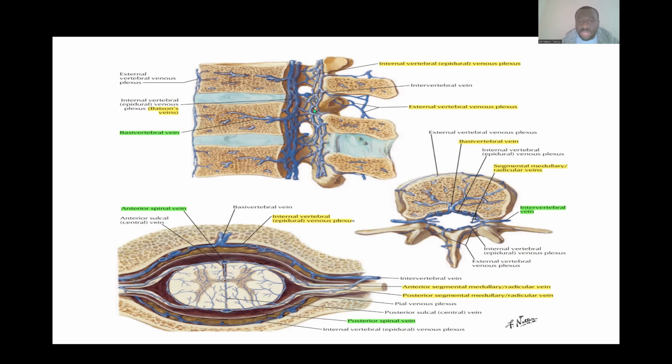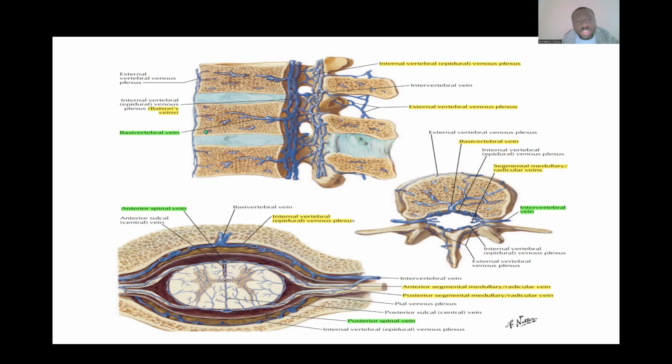So we have this internal vertebral plexus. The veins then emerge through the intervertebral foramina, and they form the external vertebral plexus outside the vertebral canal.